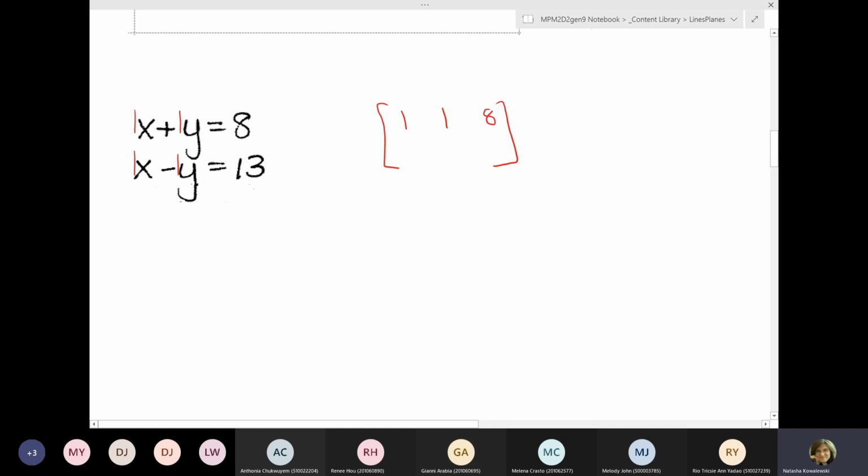They just think that the last one is after the equals. I like to separate out where the equals was with an extra line. And then we have 1 and -1 and then 13. So instead of working with variables every time, you have less writing because you're concentrating only on the numbers.